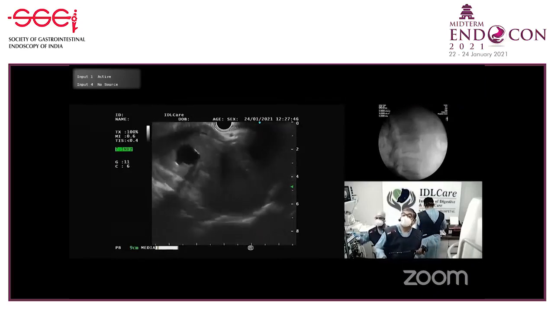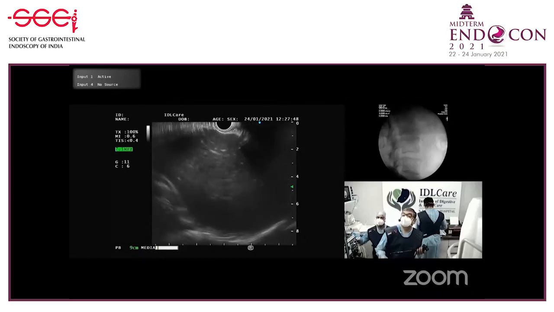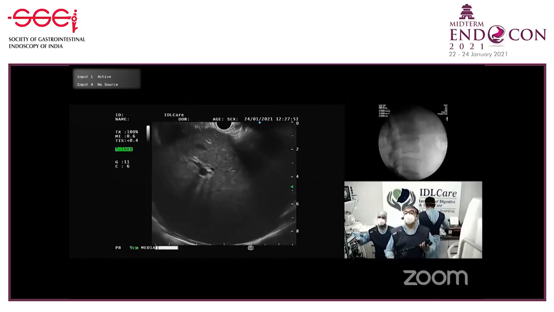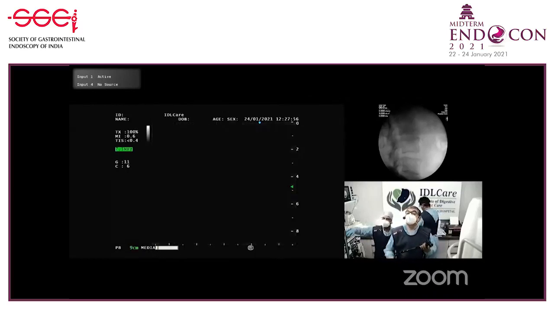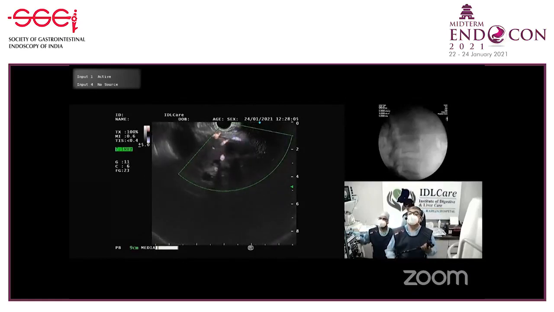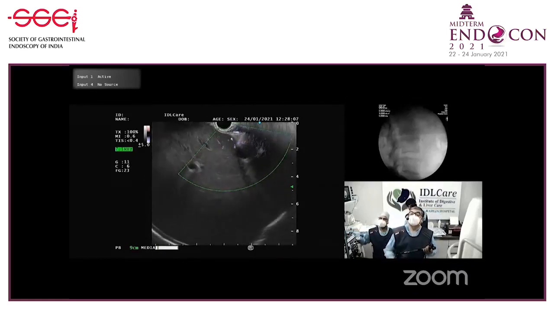Now, what I would do is, actually, this is very selective dilatation. Doppler. You see, this is dilated IHBR in the center. You see, this is dilated. And see there.